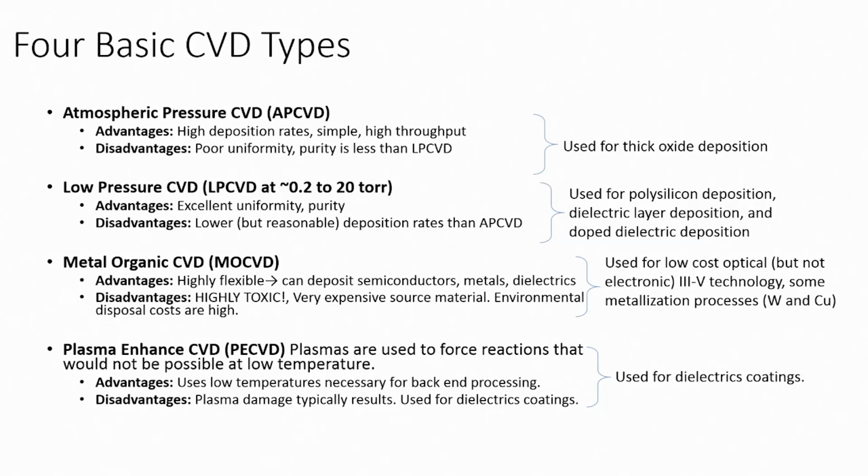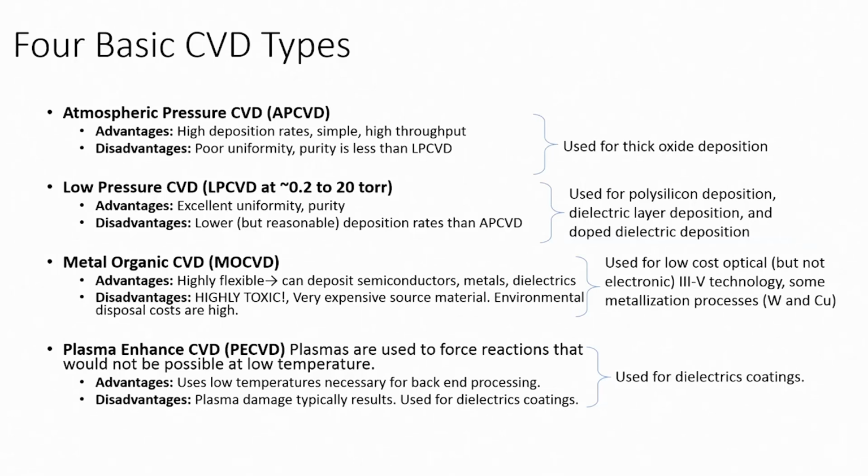The disadvantage is that it is highly toxic and extremely expensive, and environmental disposal costs are also very high. However, MOCVD is used for low cost optical technology, and some metallization processes which include tungsten and copper.